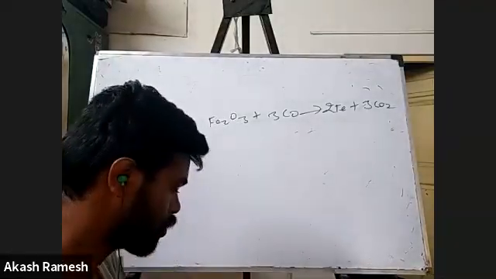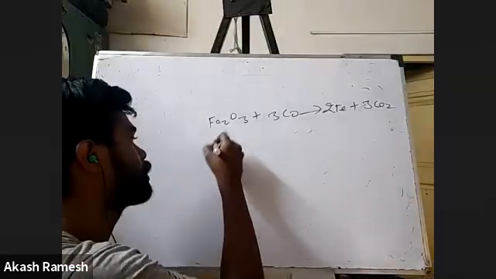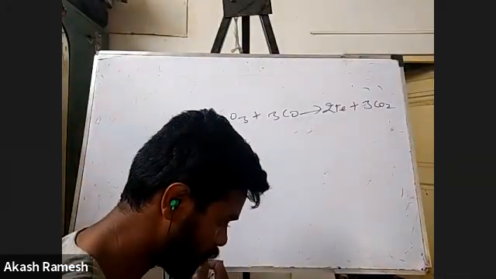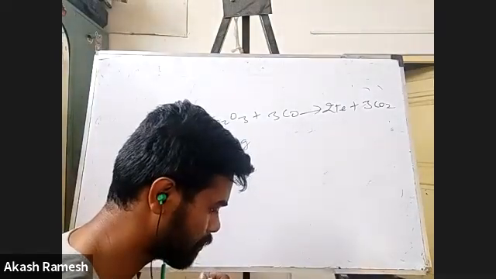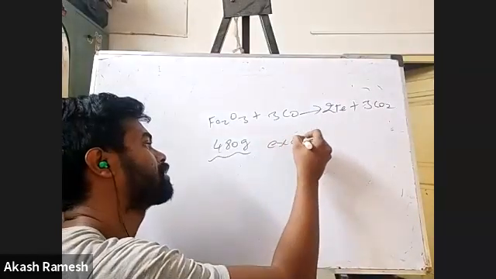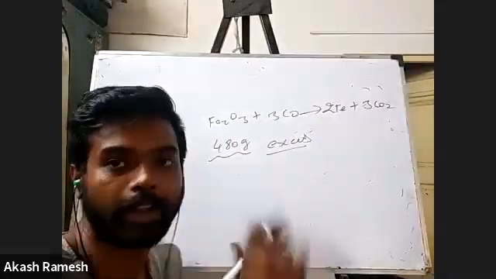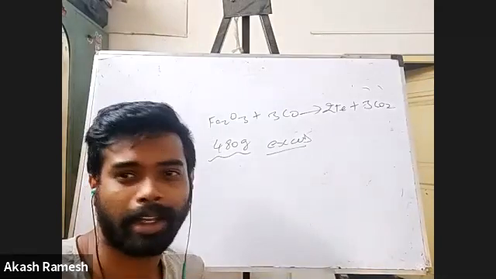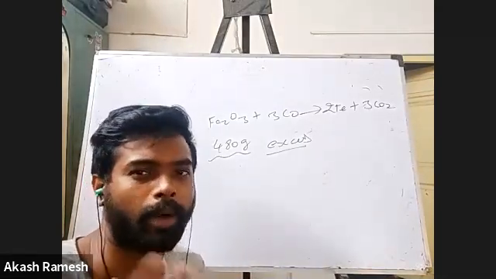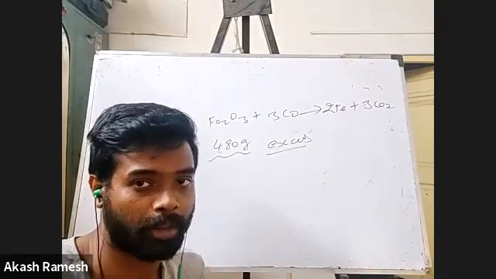And they have told that I'm going to have 480 grams of Fe2O3, and they have given an excess amount of CO. They didn't give you any amount for that because we don't need it. Once I know which is the limiting reagent, I'll be able to say what the product is.